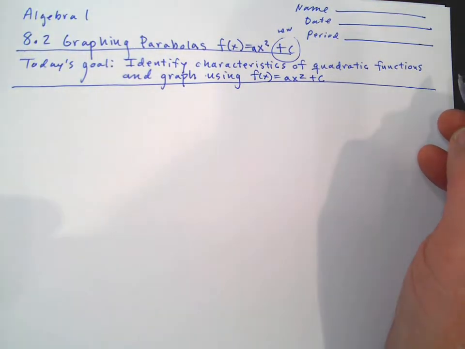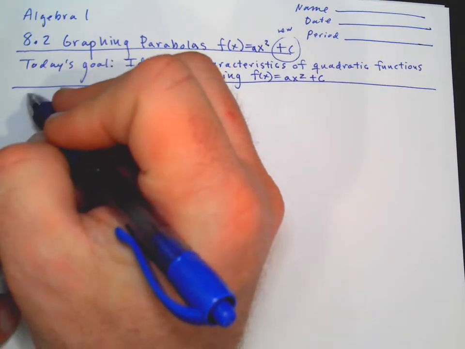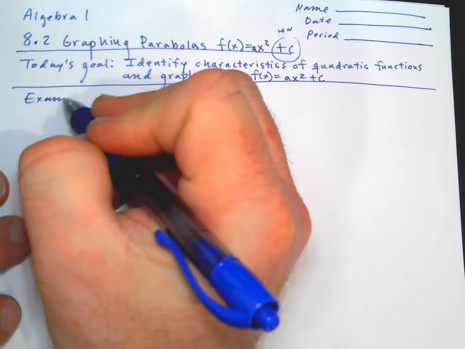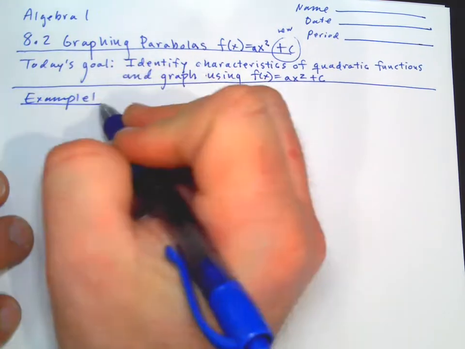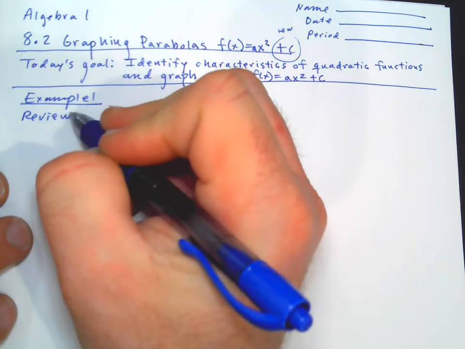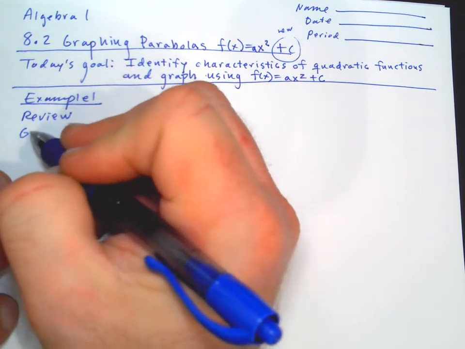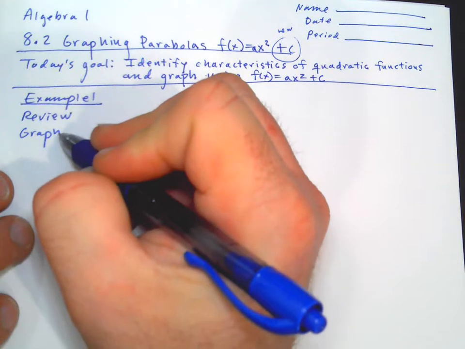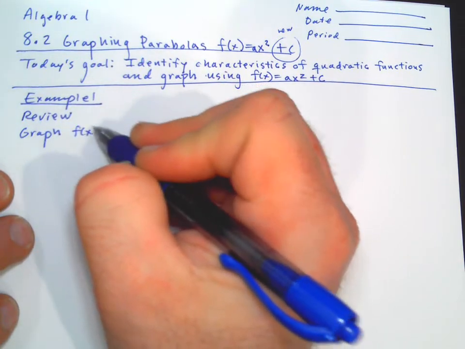Okay, so as sort of an example and also review, this will be example 1. A little bit of review. We're going to go ahead and graph f(x) = x².